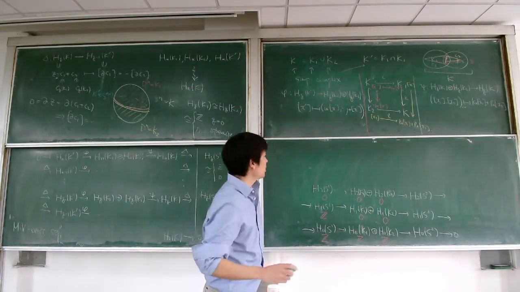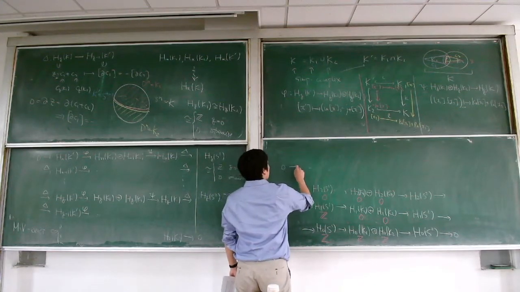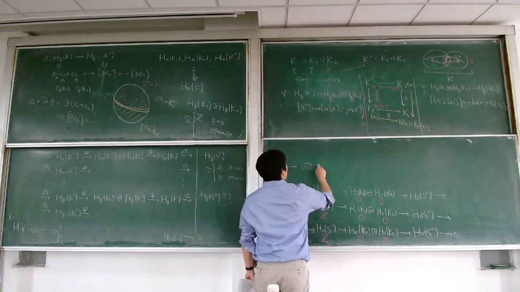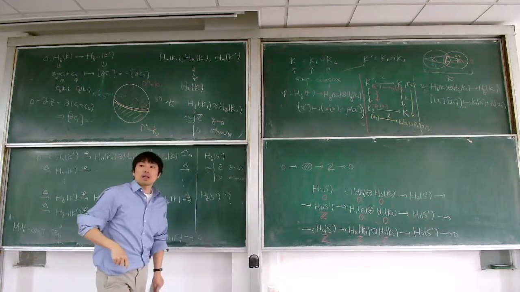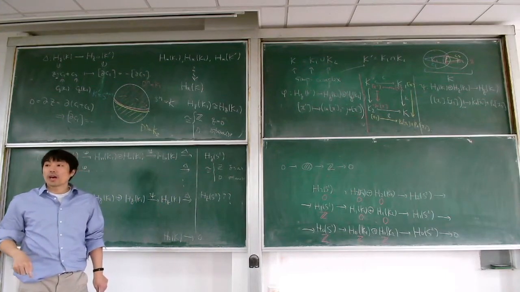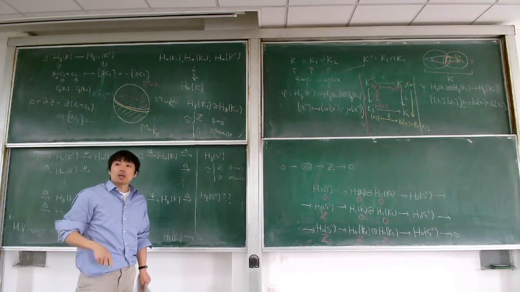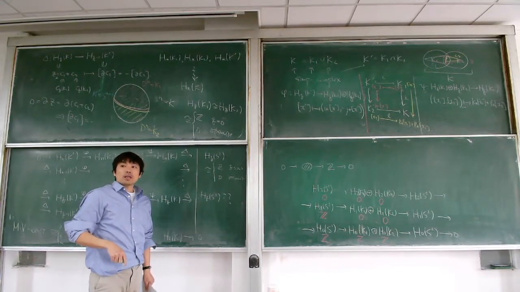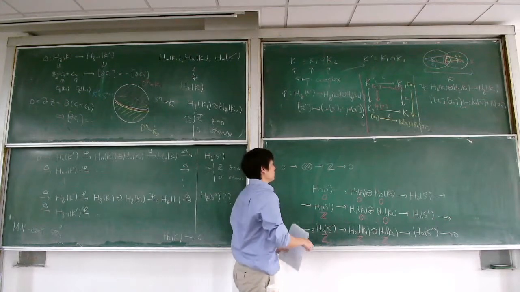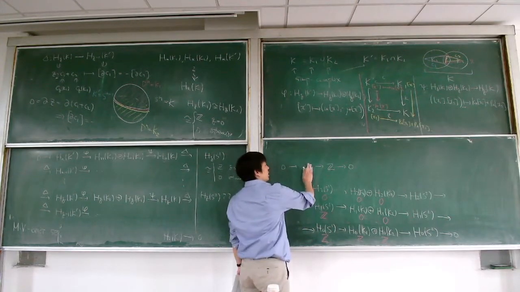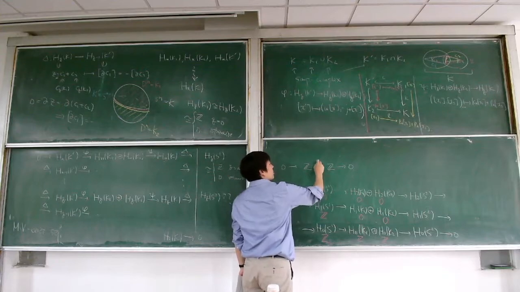So this means that 0, something we don't understand, and Z, and then 0. So that's the situation we have now. You understand? And it's a homomorphism. So it automatically tells you that this has to be the identity map.